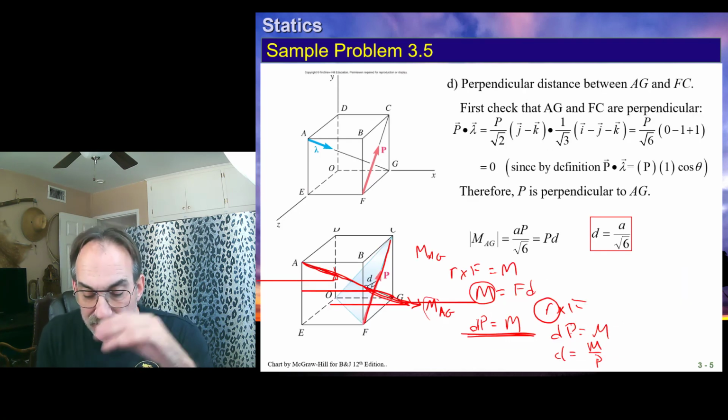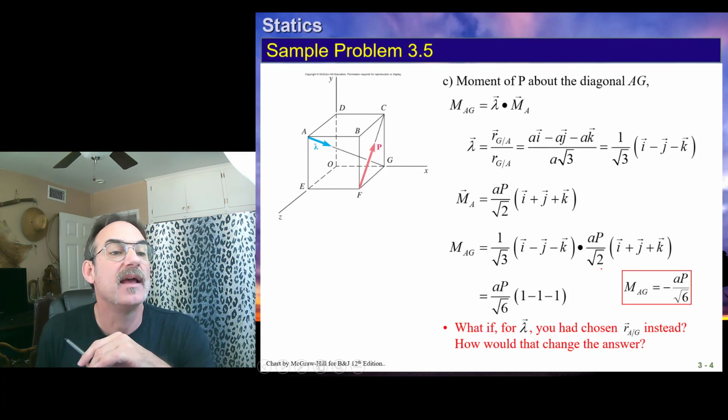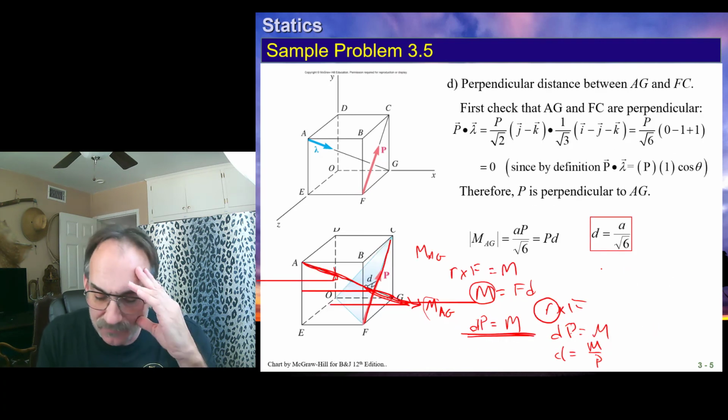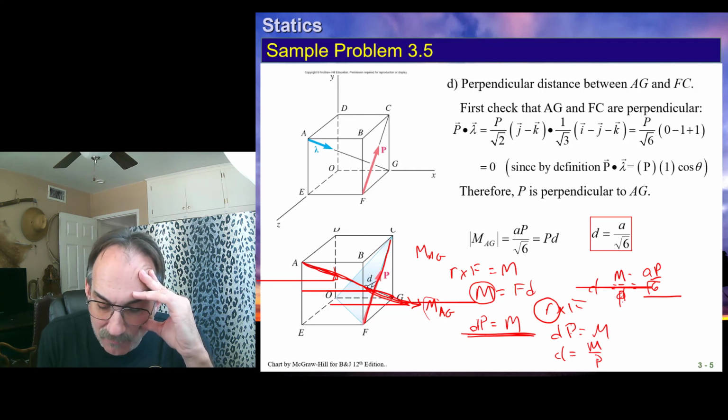So we can just take that moment, which is AP over square root of 6, and this over D is equal to this perpendicular distance over P. This is AP over square root of 6, divided by the magnitude of P, which just leaves us with A over square root of 6.